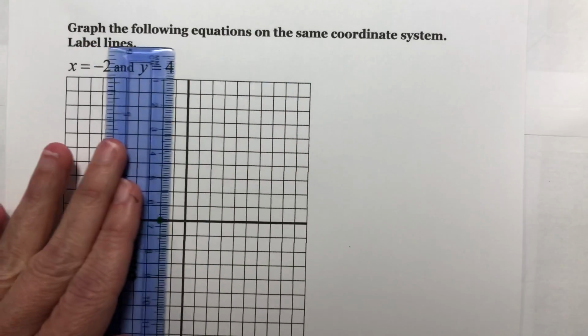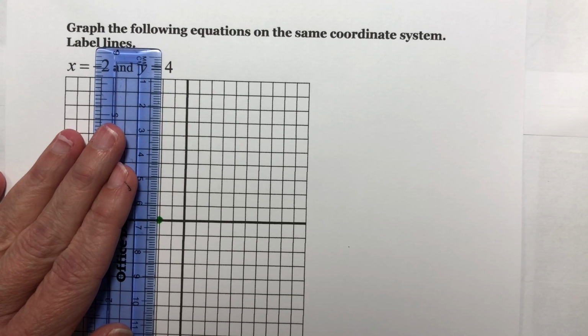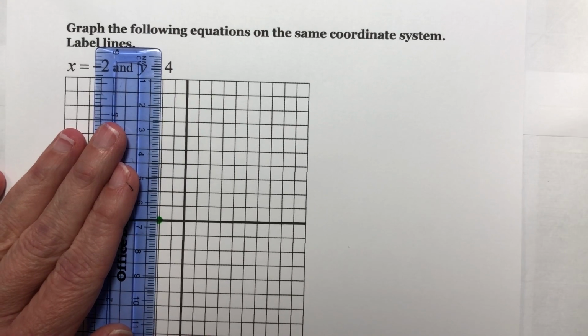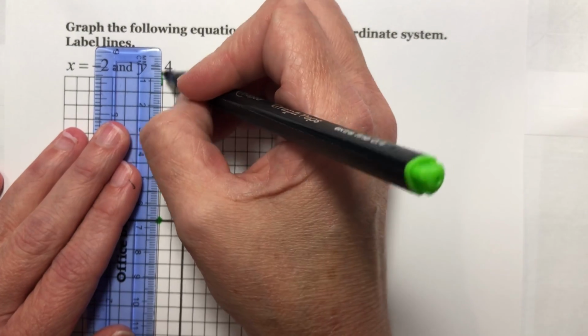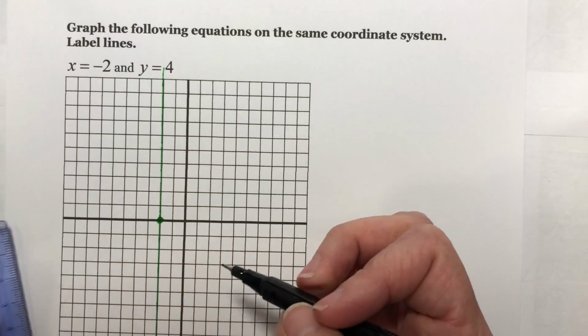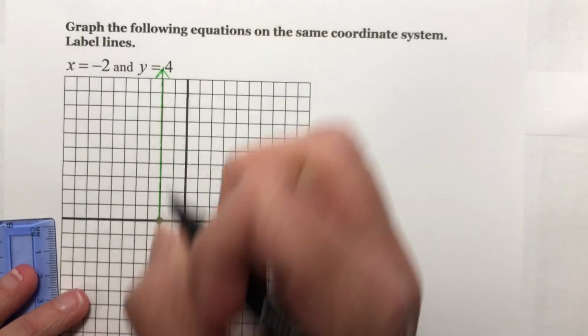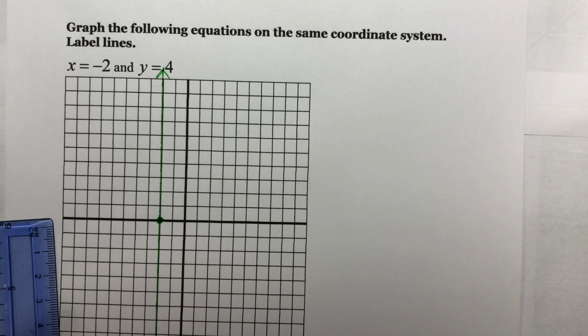Okay, every vertical line crosses the x-axis somewhere. So if I were to graph x equals -2, that would be this line. I'm going slightly off so that maybe the color will show up. That line right there would be the vertical line that is x equals -2.